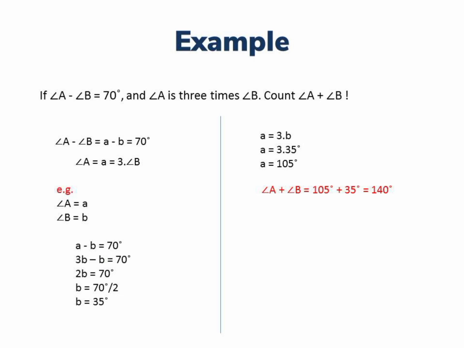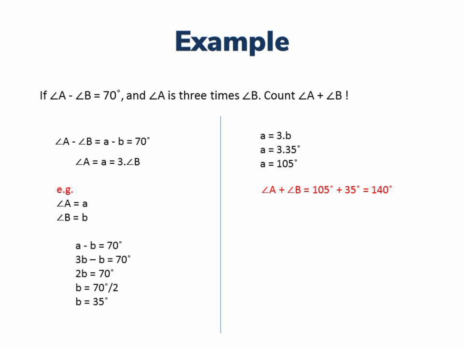Okay, the next step is we will find the value of A. Before, we found the value of B, and now we will find the value of A. The first is we know A equals 3B, so we can substitute B with 35 degrees.